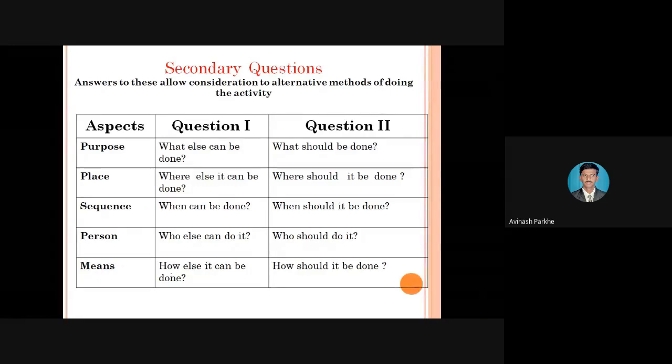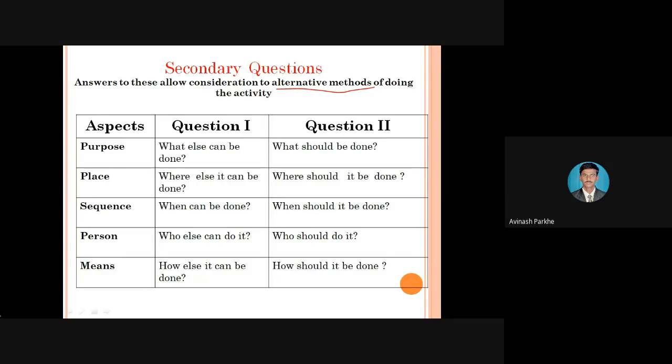If I have done the modification, and after modification it is still not possible to implement that modified method for further operation, in such cases I have to go for the alternative methods or the alternative solution. If method number 1 is not applicable, I have to go for the second method. If the second method is also not applicable, I have to go for the third method. That means I have to keep the second method in hand in order to go for further modifications.